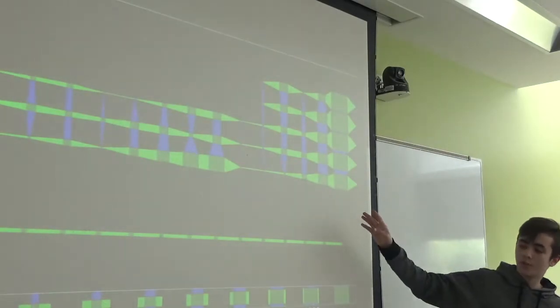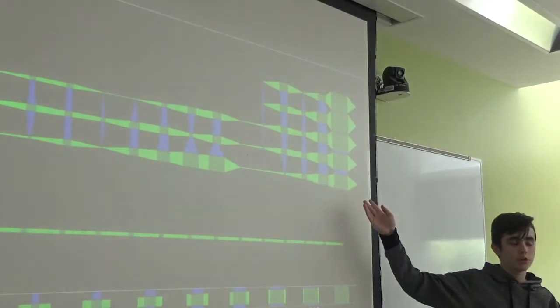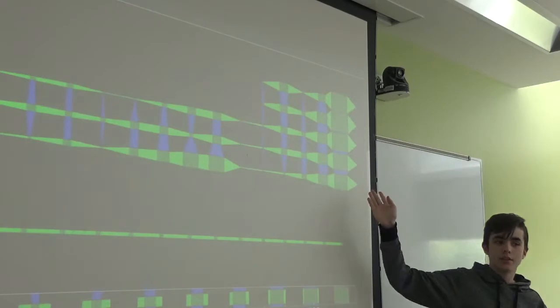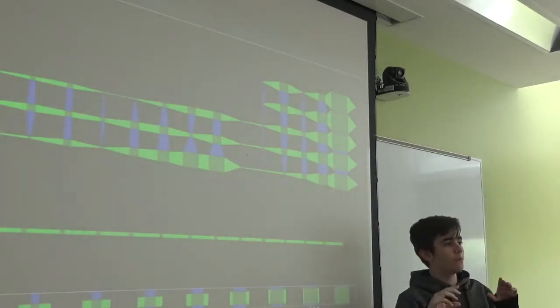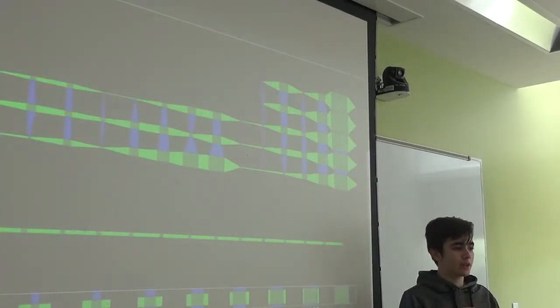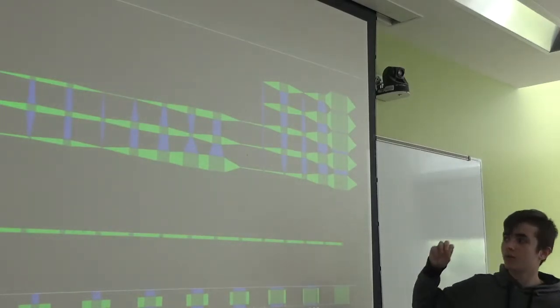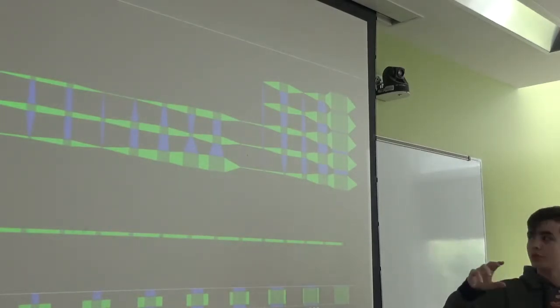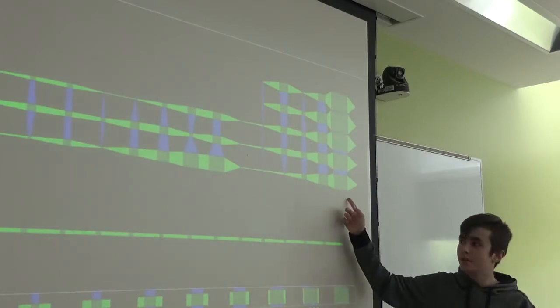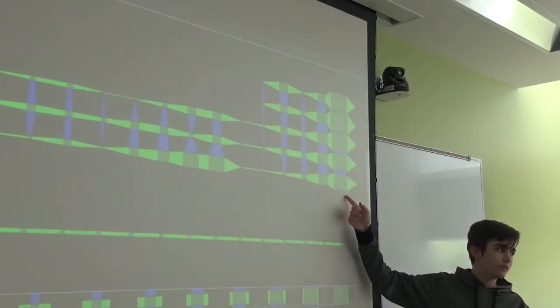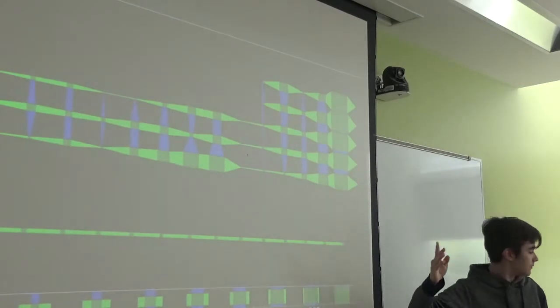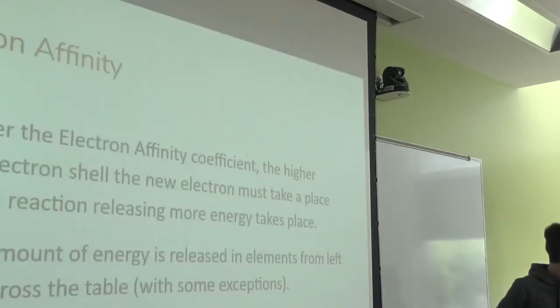If we look at the periodic table, the largest amount of energy used in that reaction is in the noble gases. Because they have 8 valence electrons, adding an electron takes a lot of energy because it has to go to a higher energy shell, since all of the shells are filled in group 8A.